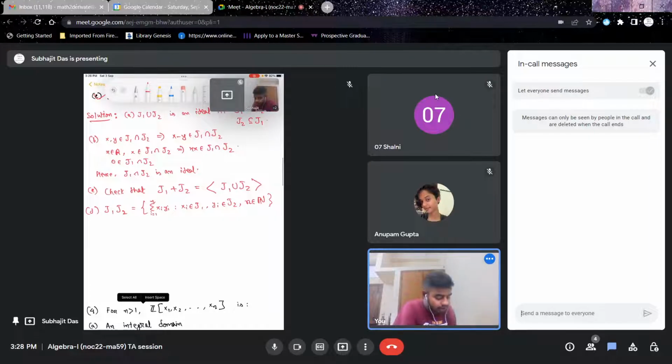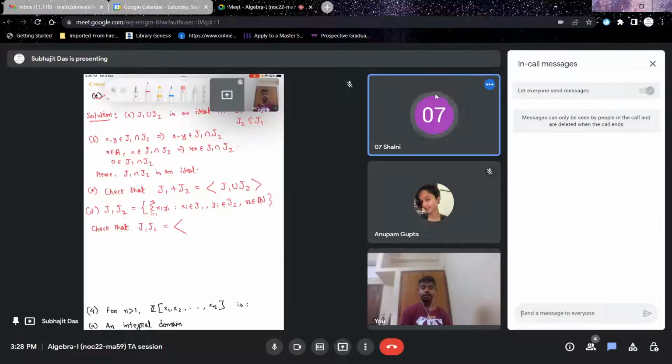So what I would ask you to check here is that J1 J2 is equal to the ideal generated by, what do you think? What should be a generating set here? This is also generated by some subset, but what subset should it be? J1 and J2 are ideals. Intersection?